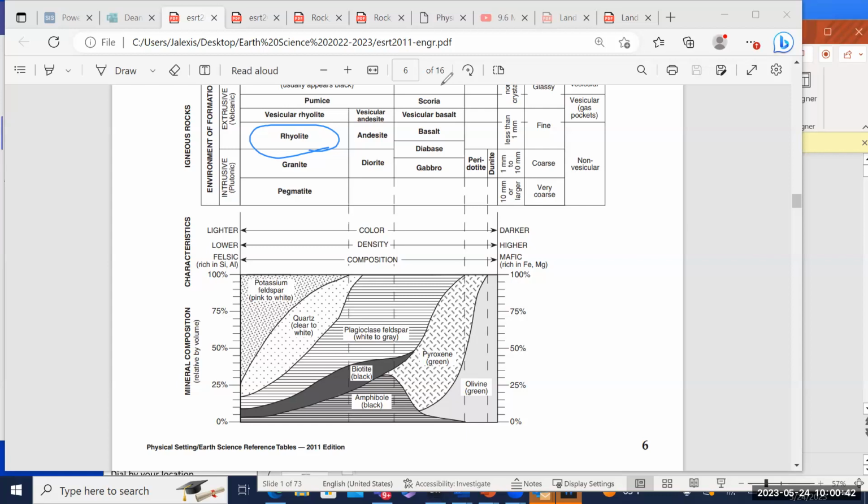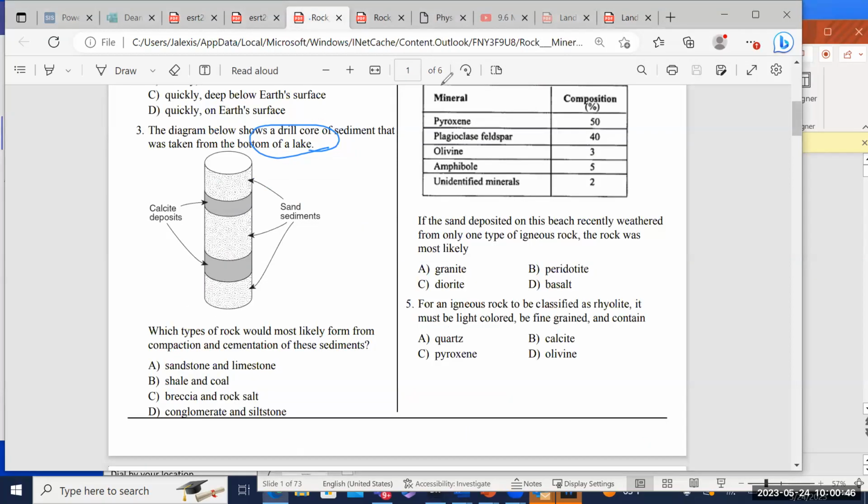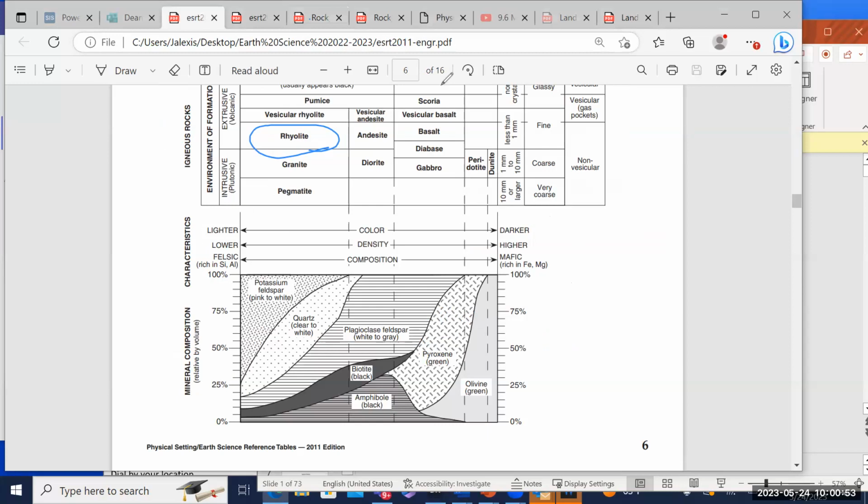So let me circle the 4 minerals that they gave me: quartz, pyroxene, olivine, and calcite. Let's take a look. I see quartz, pyroxene, olivine, and calcite is not even on here, so we cannot choose calcite because it's not even on here.